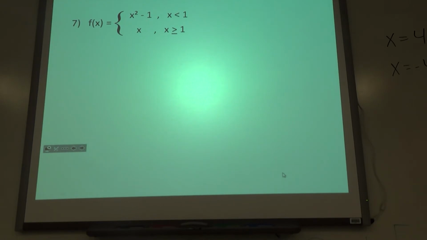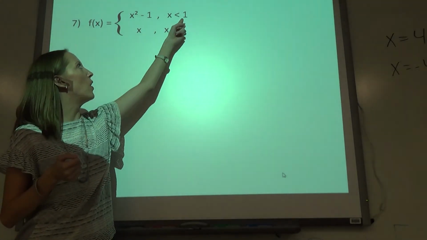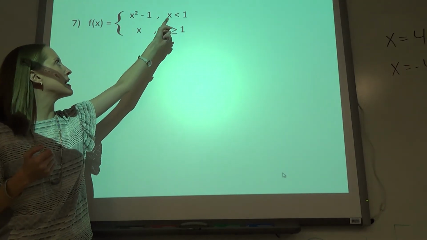Example 7, f of x equals x squared minus 1 when x is less than 1, and then it equals just x when x is greater than or equal to 1. When you have a piecewise function, normally the x value that you're concerned about is this one.